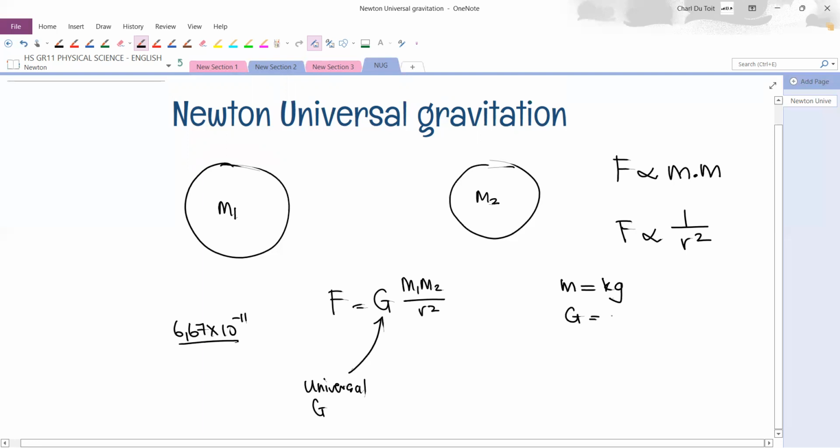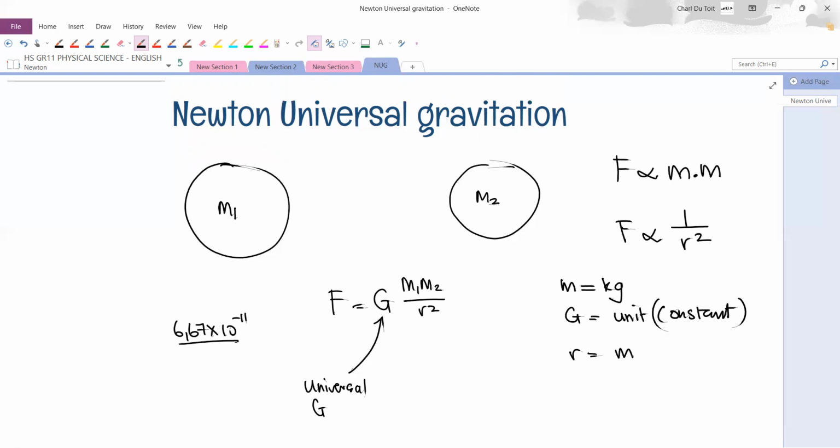G is a constant, and they give that value to you. And then R is in meters. Very important if you've got to write units, because we're going to talk about large distances maybe and big masses. So it's not very difficult.